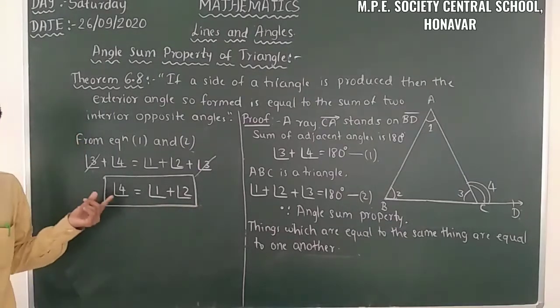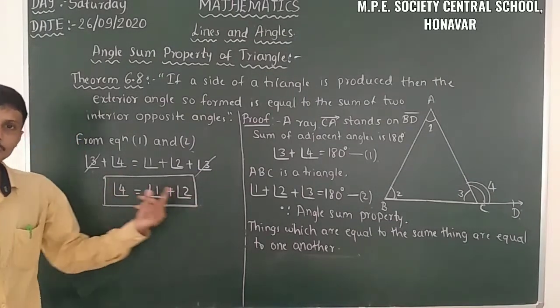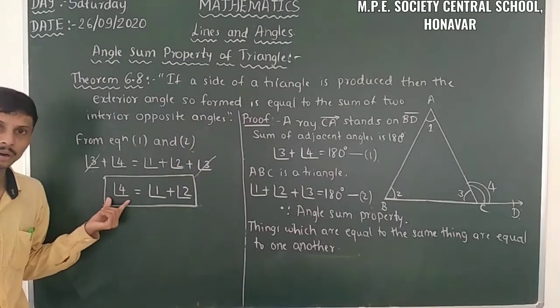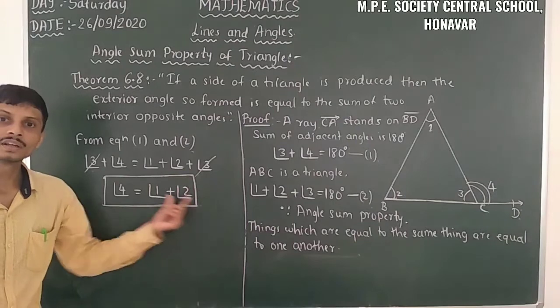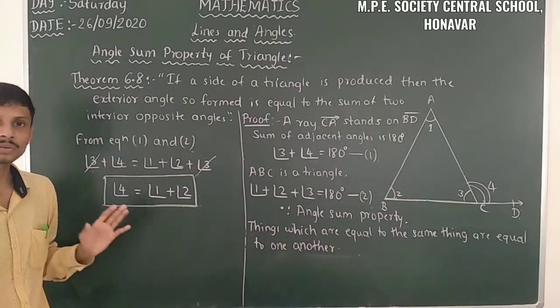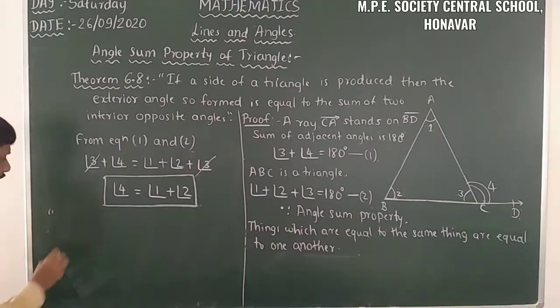That means when a side of a triangle is produced, the exterior angle so formed is the sum of the interior opposite angles. After that we have to write the conclusion.